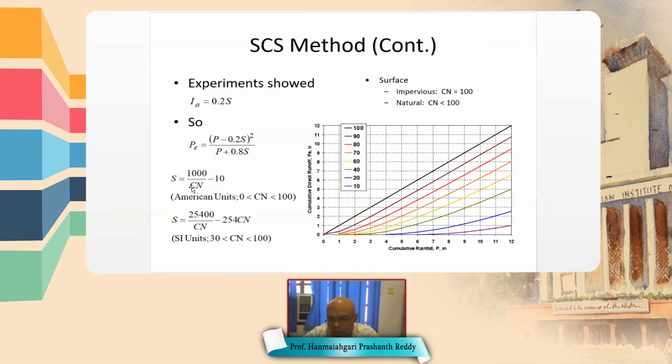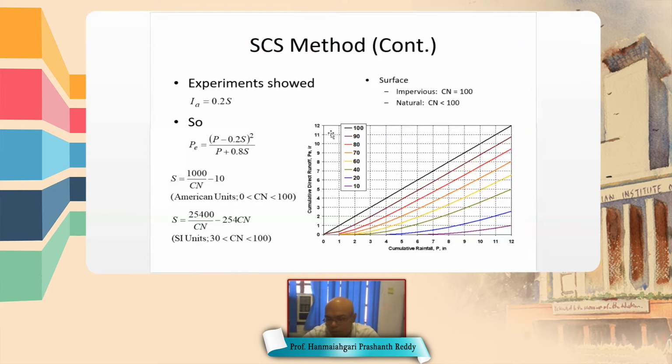Curve number is a function of land use pattern and type of soil. Once we know the curve number, we can get the storage value, and once the storage value is known, we can easily get rainfall excess.